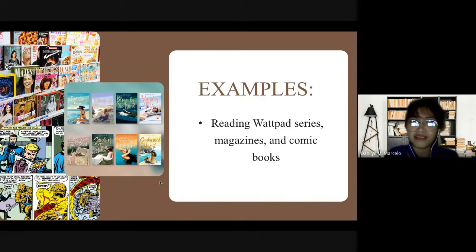We are just reading the way we want to read, and we read what we want, and we take our time to read. So that's extensive reading. Do you understand what is extensive reading, or do you have any questions?